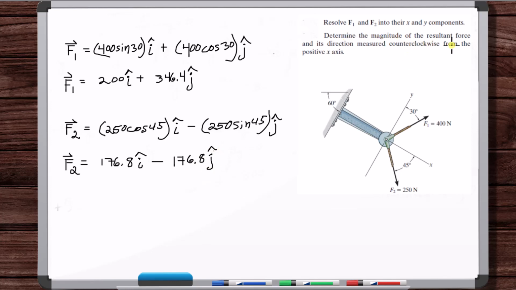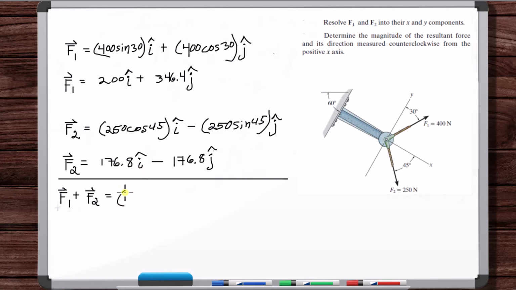Determine the magnitude of the resultant force in this direction measured counterclockwise from the positive x-axis. So what is F1 plus F2? Well, to add vectors in component form like this, we just add the corresponding i hat and j hat components.